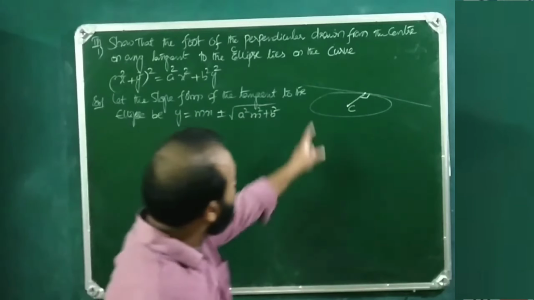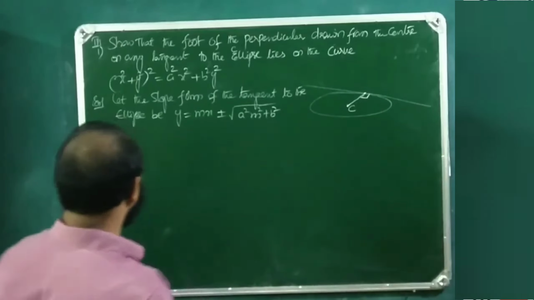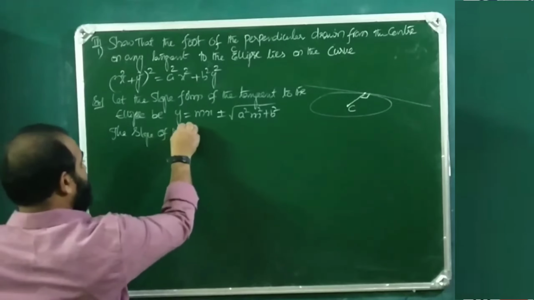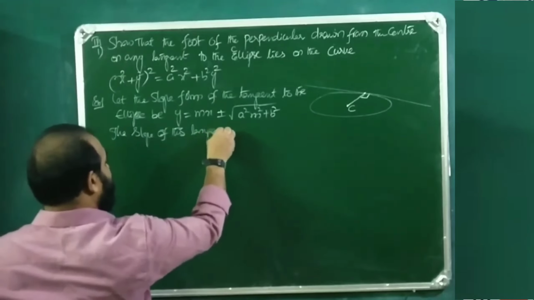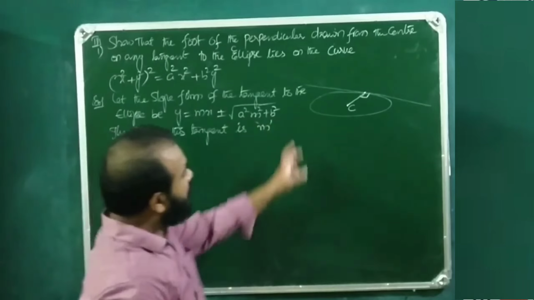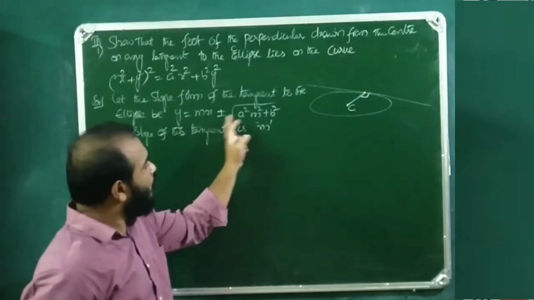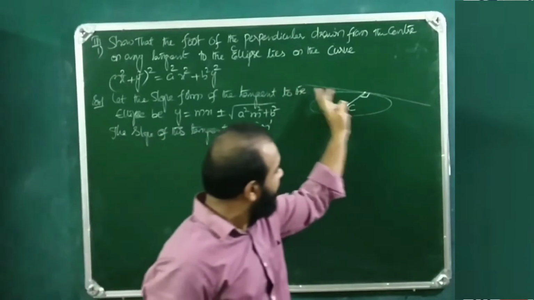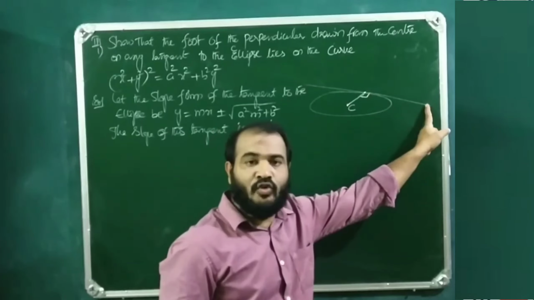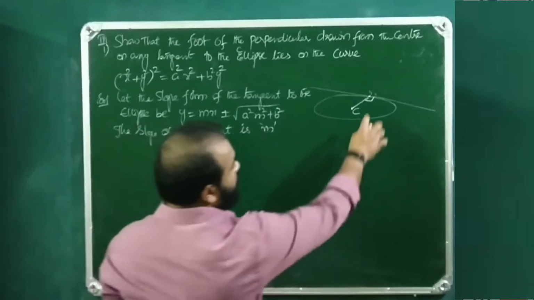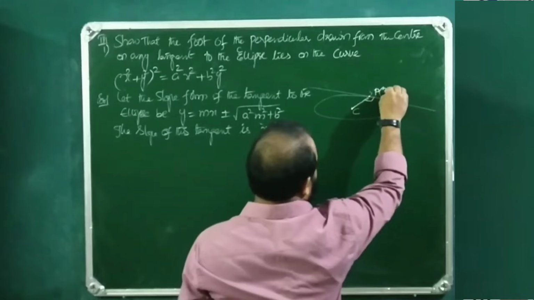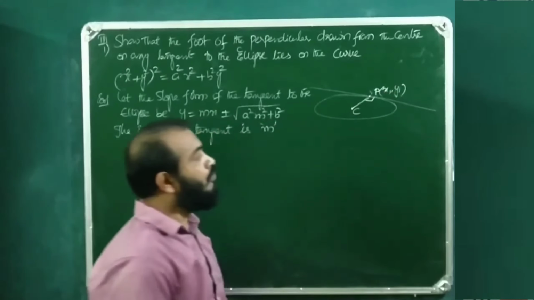So the slope of this tangent is m, because y is equals to mx plus square root of a square m square plus b square itself is the tangent in its slope form m. Therefore, this line is having the slope m. So this point P(x1, y1) is the foot of the perpendicular.